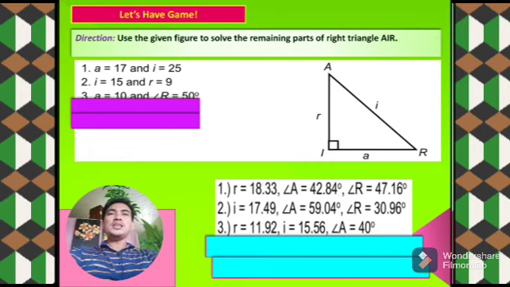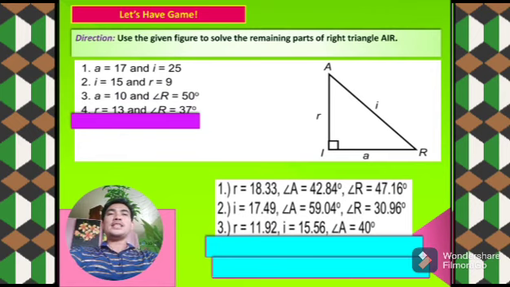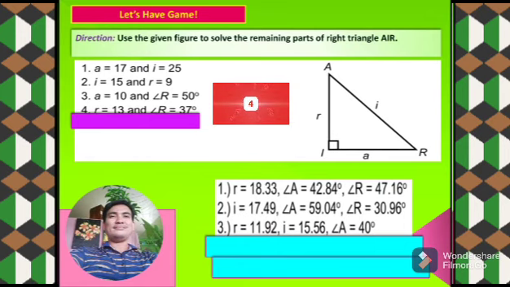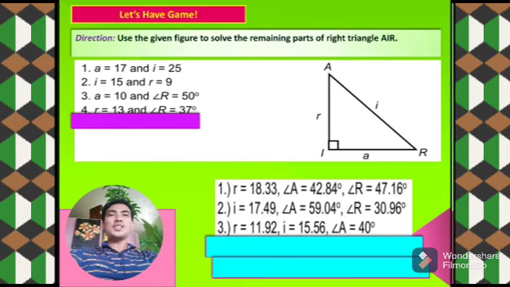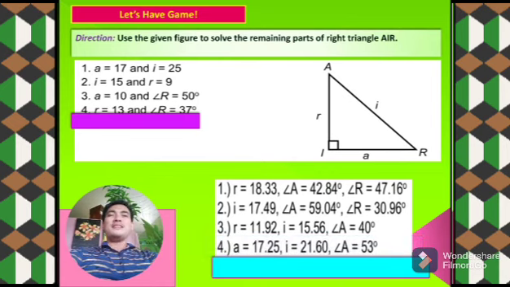Let's proceed to problem number 4. R is equal to 13 and angle R is equal to 37 degrees. Ready? Go. And the correct answer is on the screen. There you go. Let's proceed to problem number 5.